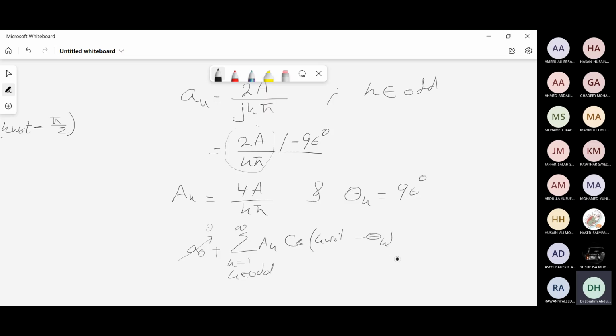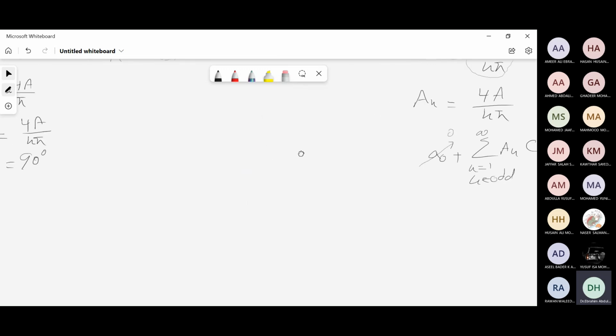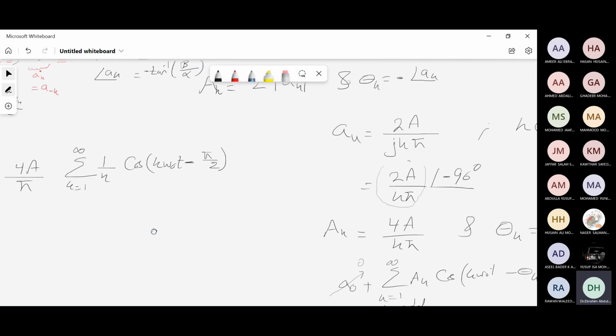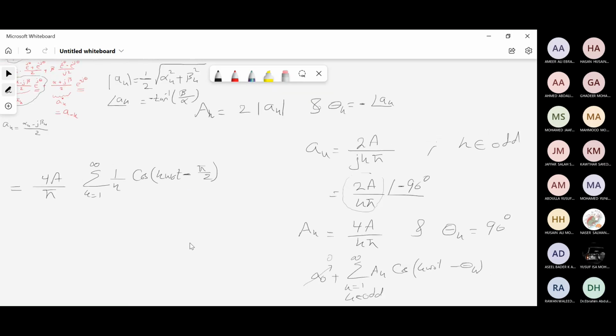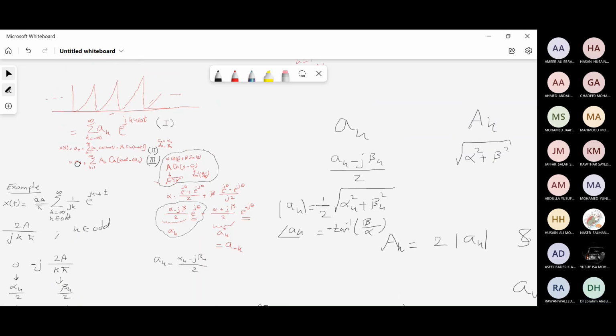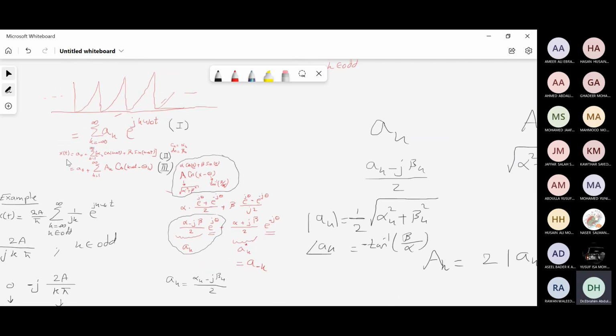So x of t is equal to 4A divided by k pi cosine of k omega naught t minus 90, which is exactly the same as for this one. Clear? Yes, so you can go directly from form number 3 to form number 1, from form number 2 to form number 1, from 1 to 3, and so on.